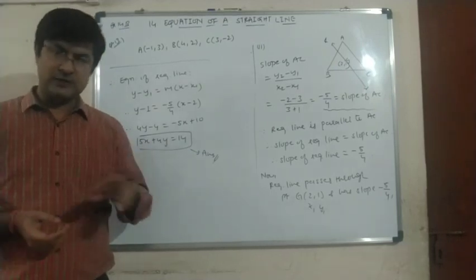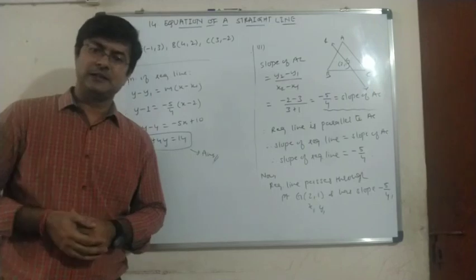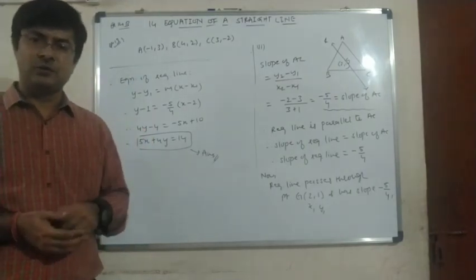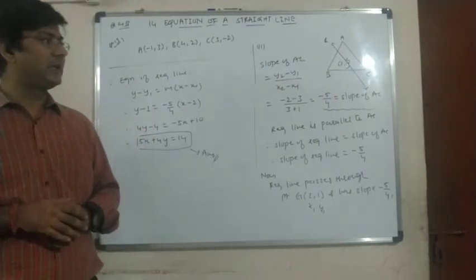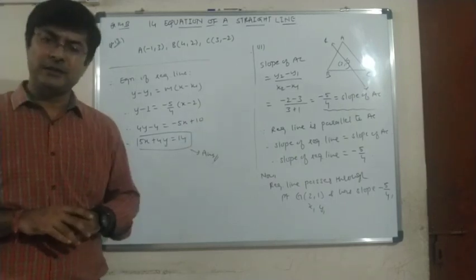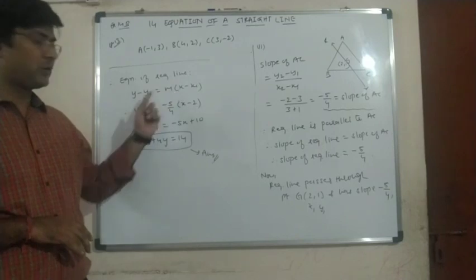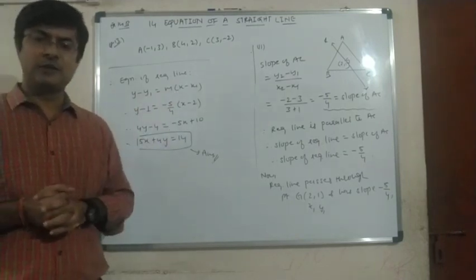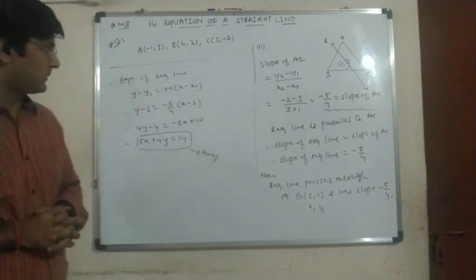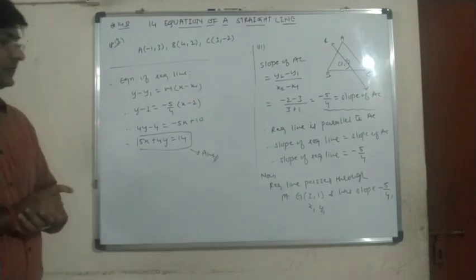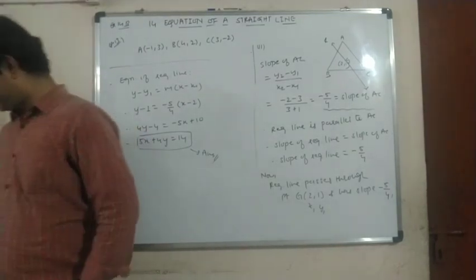So using the relation that parallel lines have equal slopes, we can find the slope of the required line, and one point is given. So in most cases we use the point slope formula y minus y1 is equal to m into x minus x1. Now let us solve question number 14.